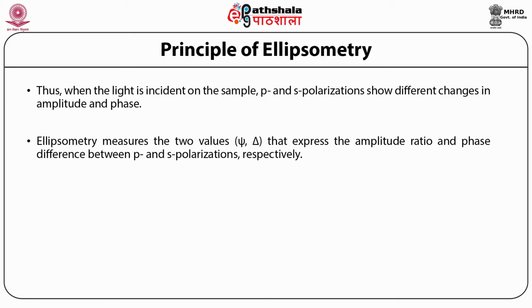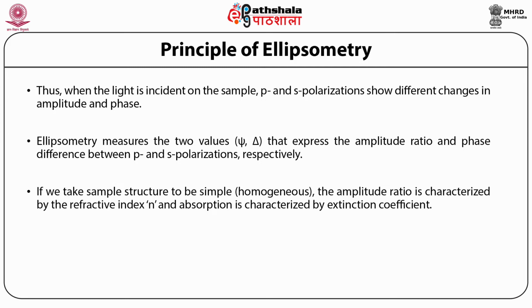Ellipsometry measures two values, psi and delta, that express the amplitude ratio and phase difference between P and S polarizations respectively. If we take the sample structure to be simple, which is homogeneous, the amplitude ratio is characterized by the refractive index n and absorption is characterized by the extinction coefficient.